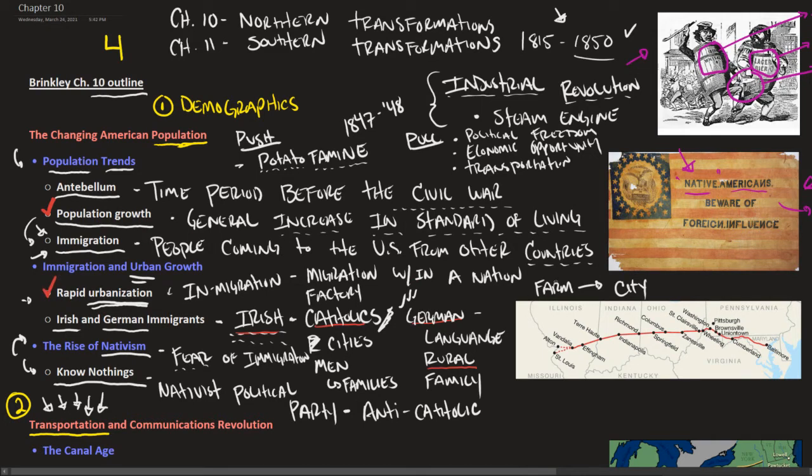This move from farm to city or everywhere else meant that cities were growing incredibly in their numbers of people. So that's change number one. Any questions about the changes in demographics?